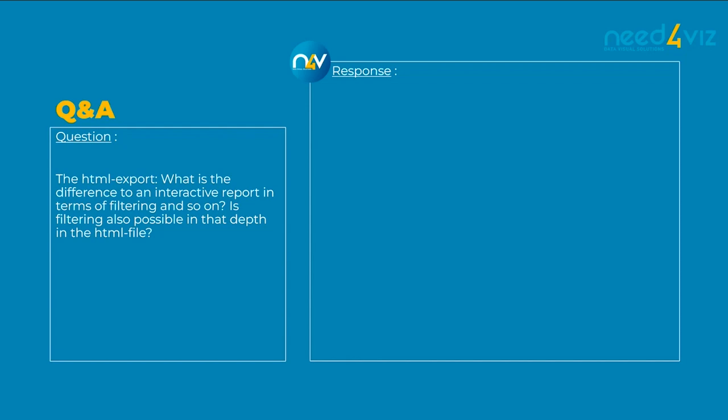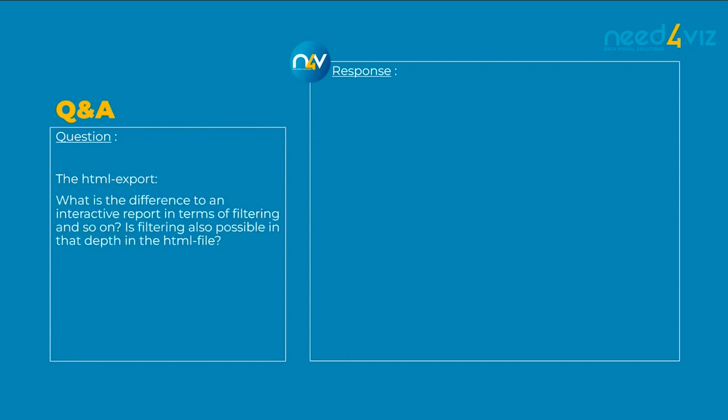The HTML export, another question here. What is the difference to an interactive report in terms of filtering? And so on. Is filtering also possible in depth in the HTML file? There's parity between the interactivity that you see with the N4V for Webby components in Web Intelligence, and there's complete parity with what is exported as HTML5.